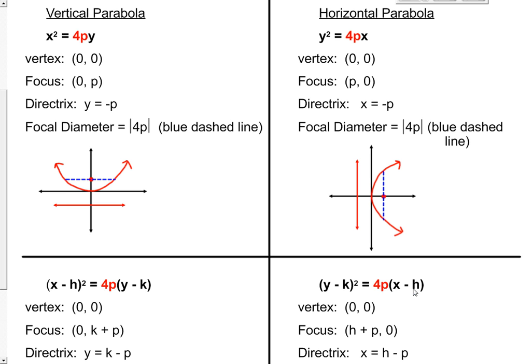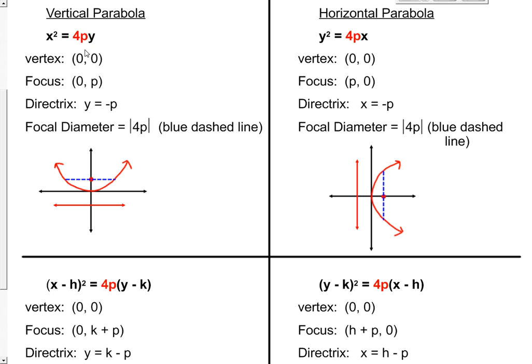So when we look at these equations, what we want to identify is that 4p value. That's why I have that highlighted in red. Because the x squared and the y, or the y squared and the x, those are your variables of the equation.